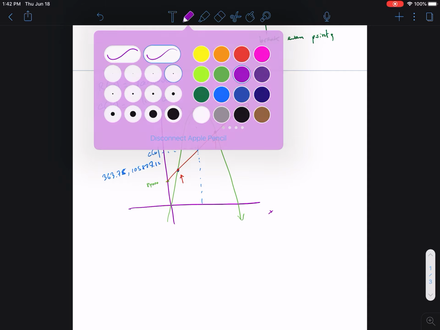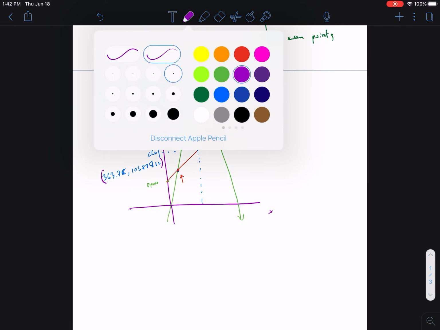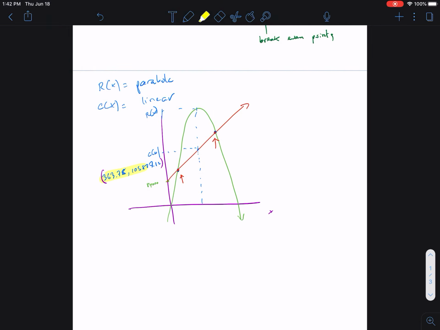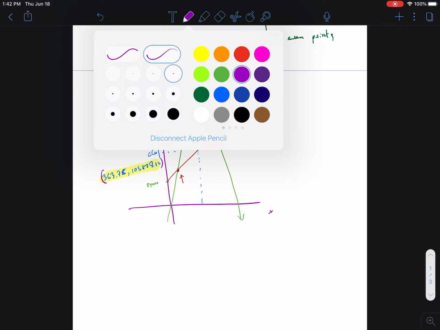Okay, so the first intersection point is here.